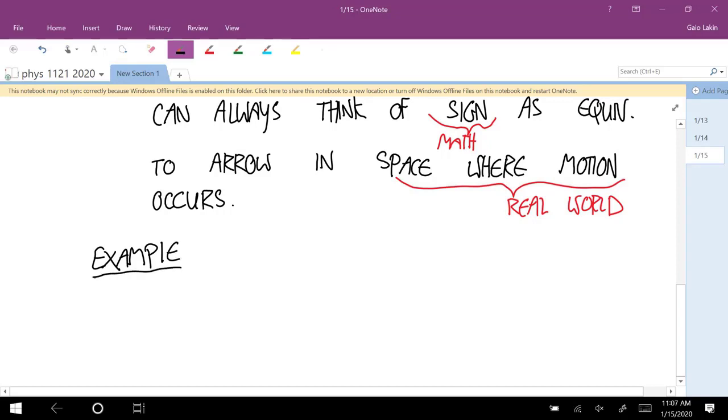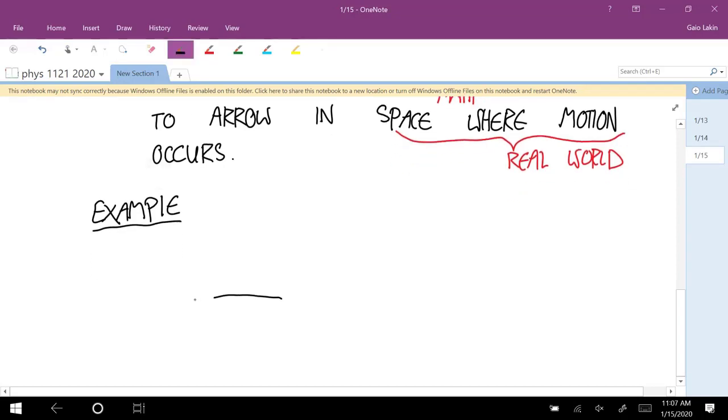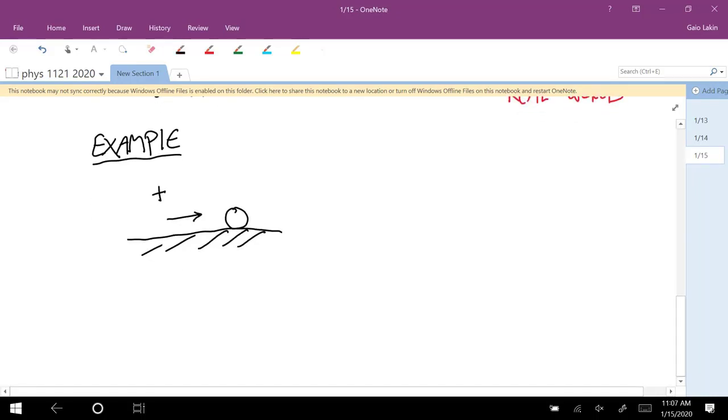Okay, so let's say that you have an object moving around on the floor. And let's say we're calling this the positive direction. And let's say that, you know, we would have also had to choose a 0 position somewhere. Let's say that we'll call this the 0 position.